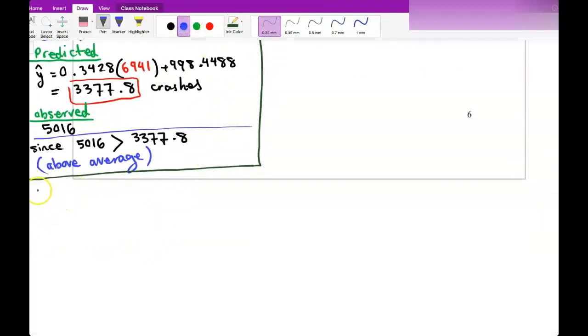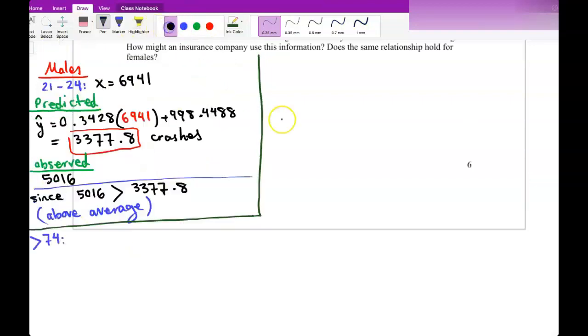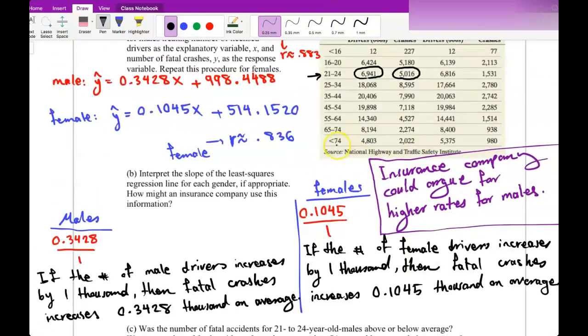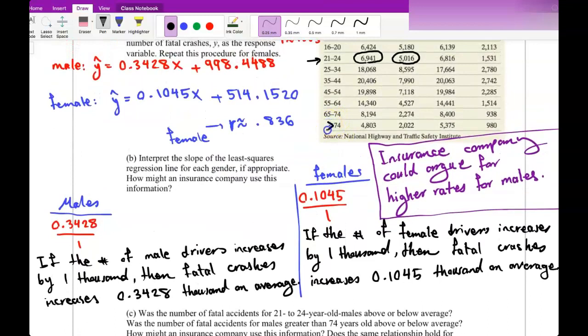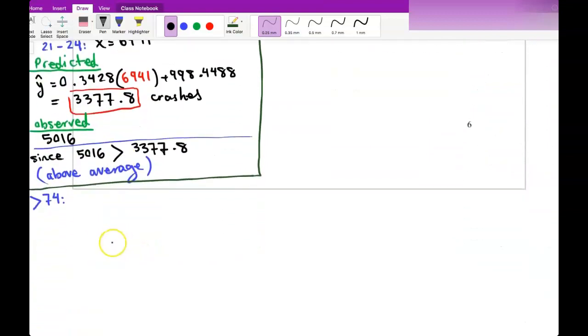Now for the group greater than 74, okay, this should be greater than. X is this one and Y is here, so this is observed. We have x equal to 4,803.